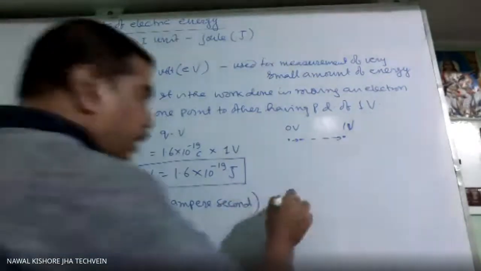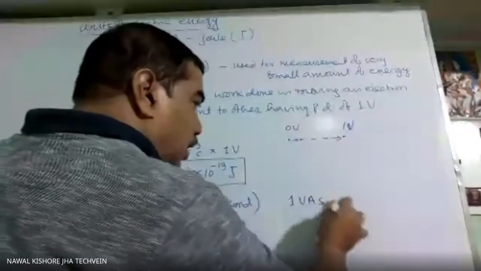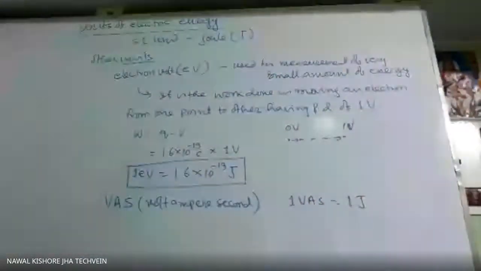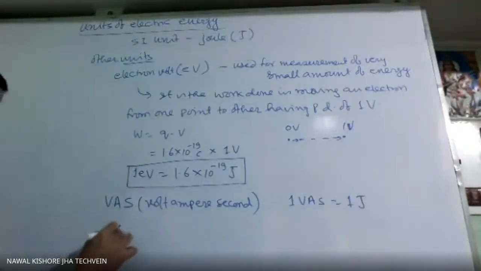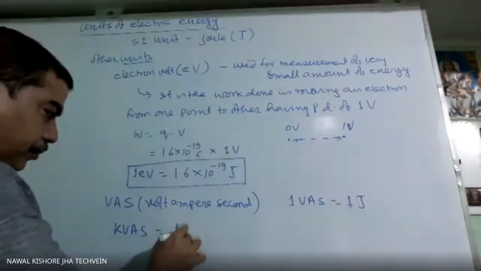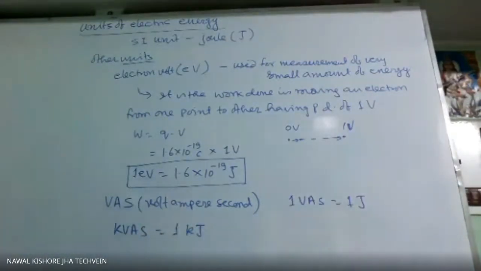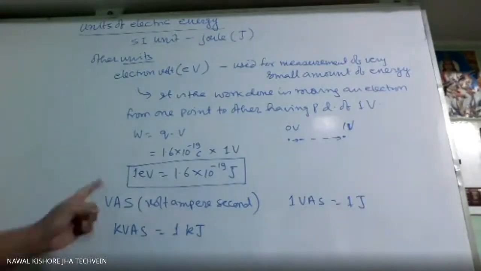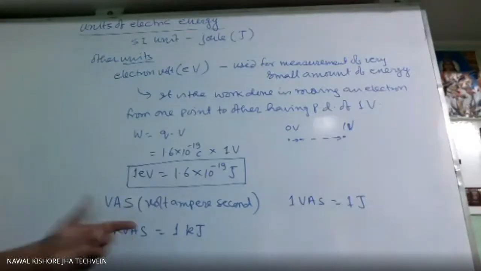So 1 VAS is 1 joule. kVAS, kilovolt ampere second, means 1 kilojoule. Volt ampere is watt, we have seen just now. So watt into second, what is watt? Joule per second. So VAS means joule, kVAS means kilojoule.